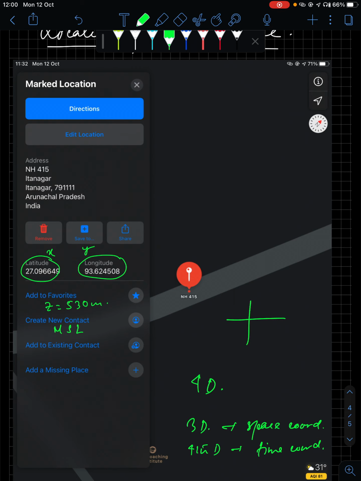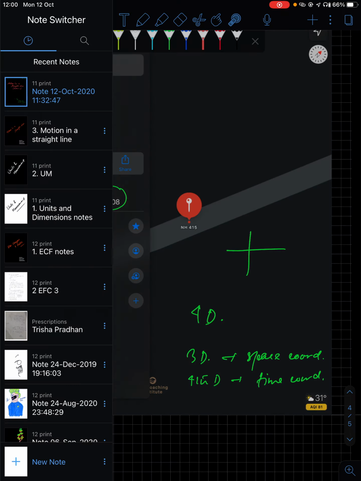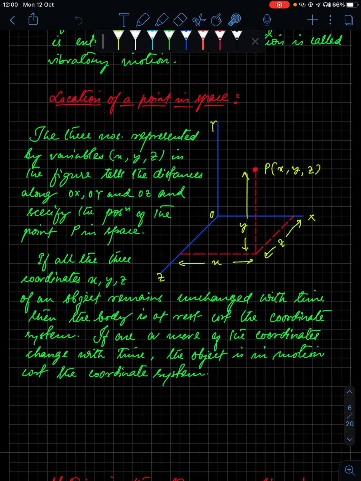So in that case, you also need the fourth dimension to meet the person. Not just location, to meet the person, I would say. To figure out the location, three dimensions are very much sufficient. So I hope this clears the x, y, and z dimension concept, or the three dimension concept.